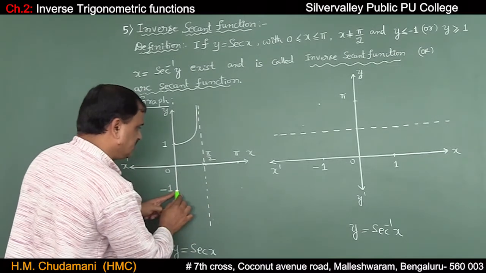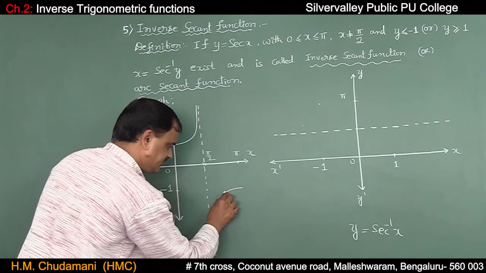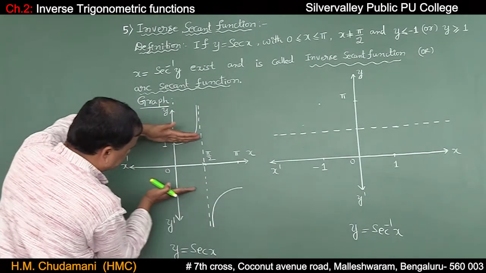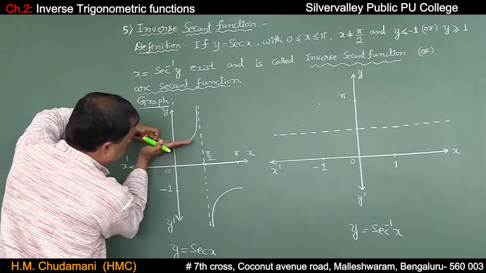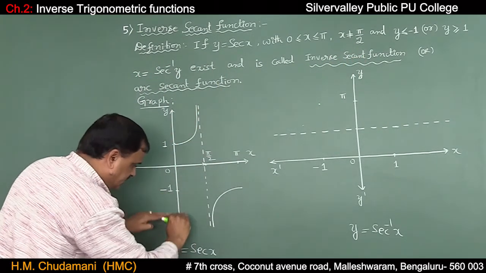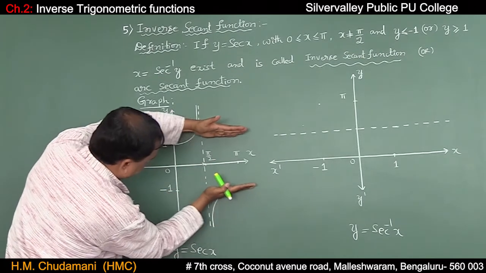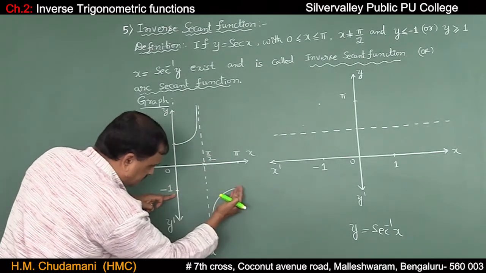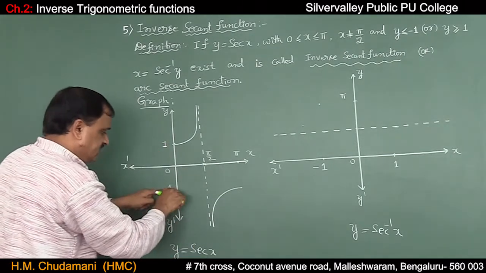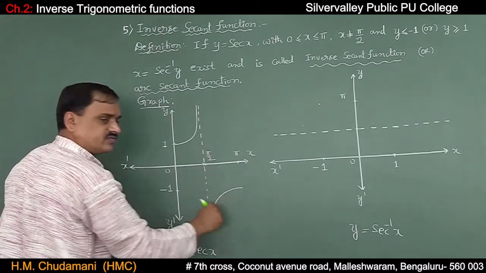And minus 1 here, pi from here like this. There is no graph between minus 1 and plus 1. See here, y should be greater than 1. Y should be less than minus 1. See the graph? There is no graph here. Here, this is minus 1. So y less than minus 1 and y greater than plus 1. Here is the graph. Okay.